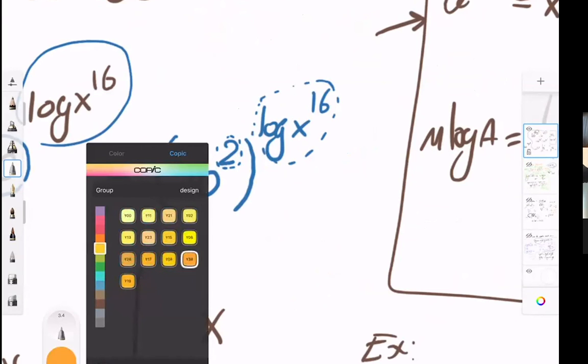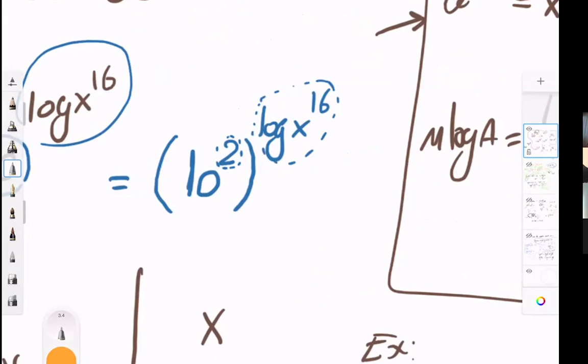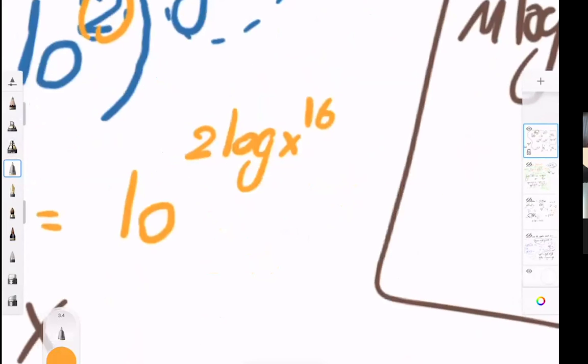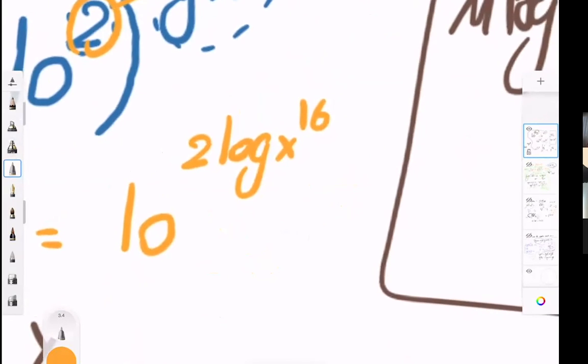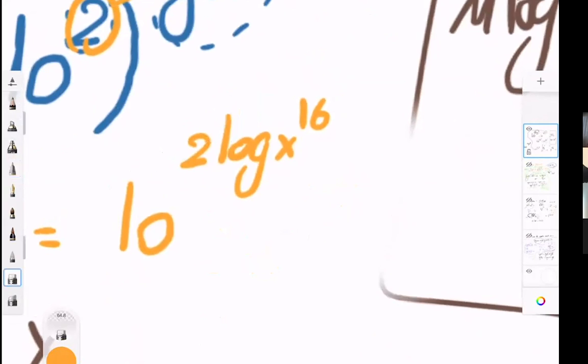by color orange. So this will be 10. If I multiply this by that, it will be 2 log of x to the power of 16. All right, Ella? Now what should I do? Are you going to move the 2 to the front of the equation?